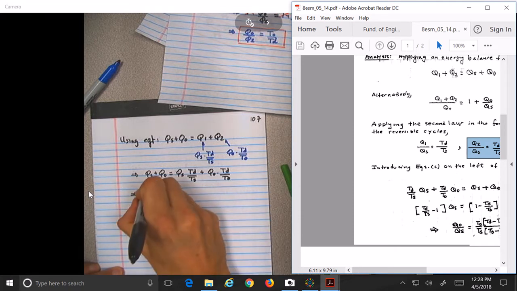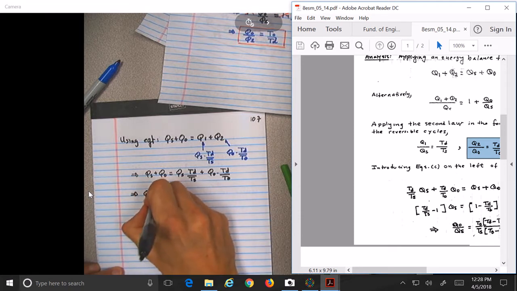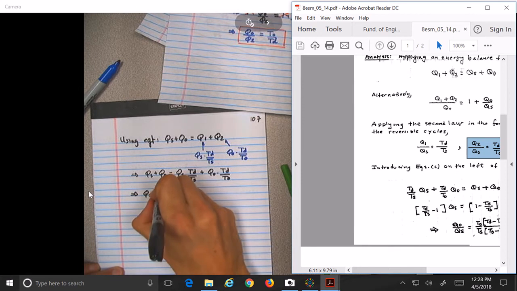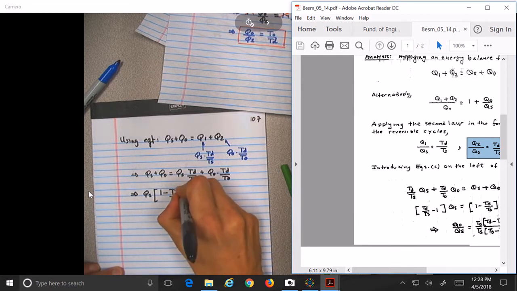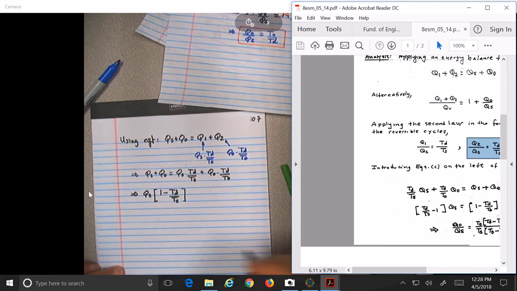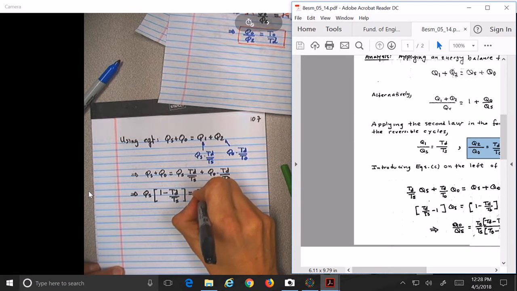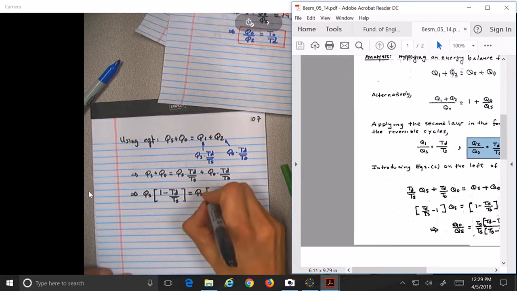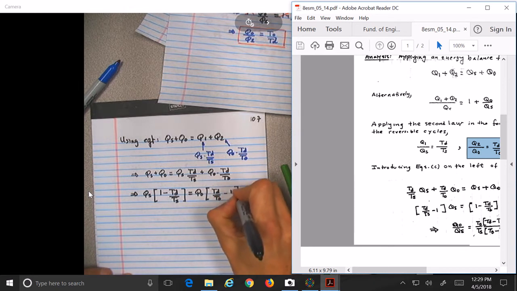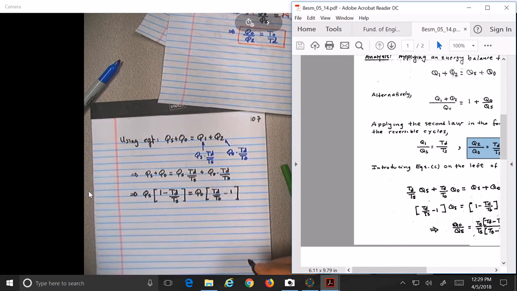So if you combine the Q sub S, what do we get? 1 minus TD over TS. And if we combine the Q naught on the other side, what do we get? So we're going to get TD over T naught minus 1.